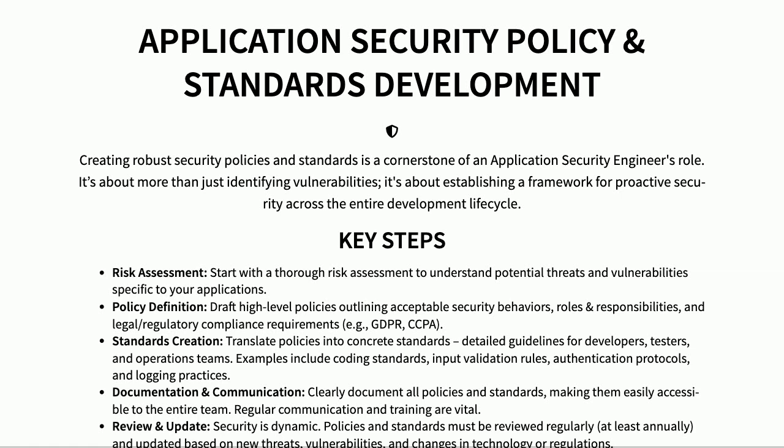Next, it's about translating those policies into clear, actionable standards like detailed coding guidelines or specific rules for how data is handled. Don't forget to document everything thoroughly and communicate it effectively to the whole team. And finally, these policies aren't set in stone. You need to review and update them regularly as threats evolve and technology changes.